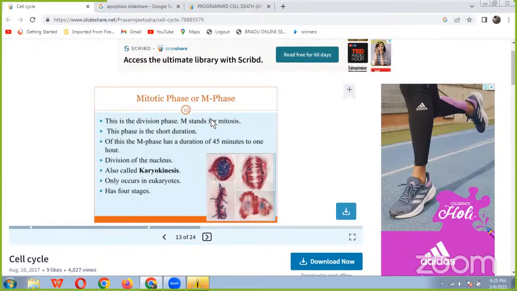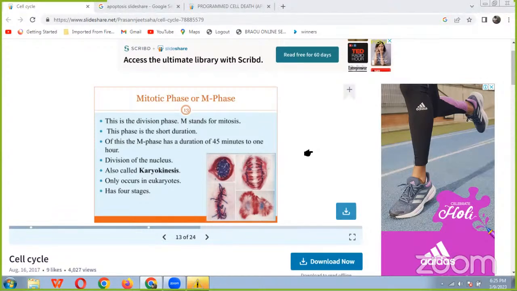In metaphase they form the metaphase plate. These are the five steps in mitotic division: prophase, prometaphase, metaphase, anaphase, and telophase. In anaphase, the spindle fibers pull toward the two opposite poles.